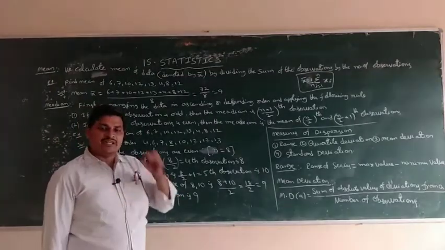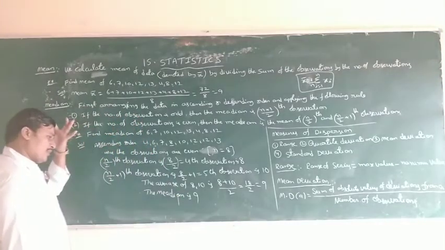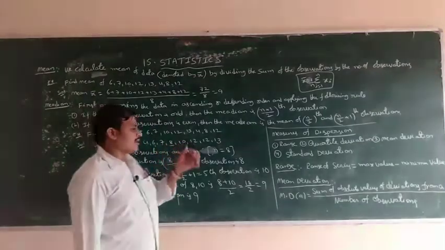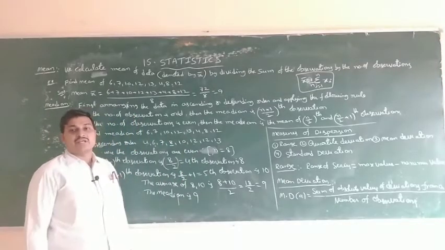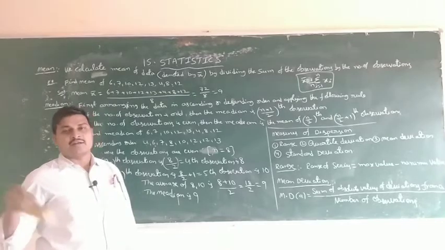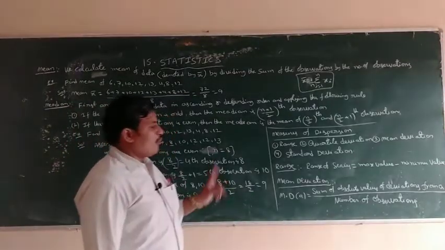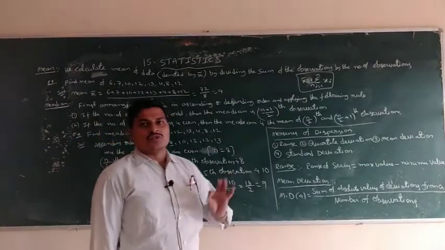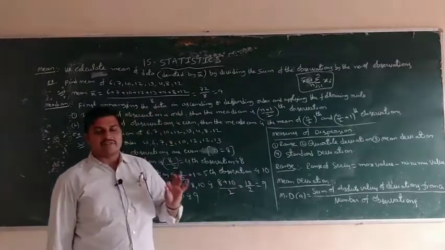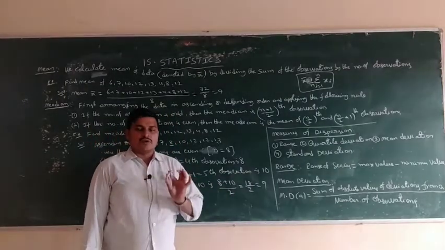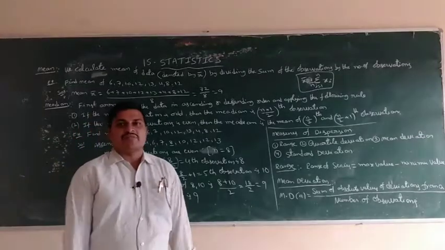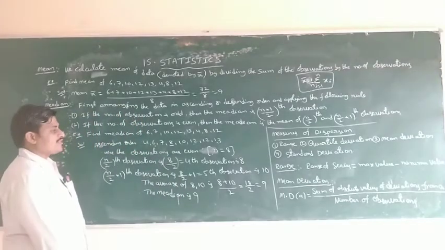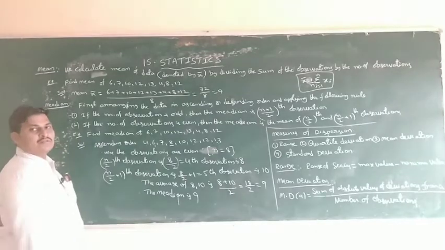X bar is the mean. Small n is the number of observations, which is only the count. Capital N is the sum of the observations, the total sum of the observations.